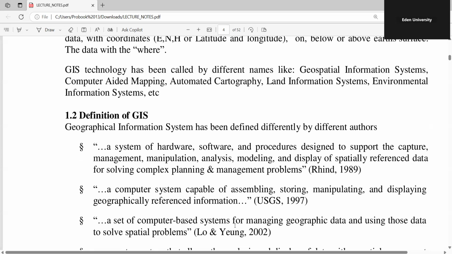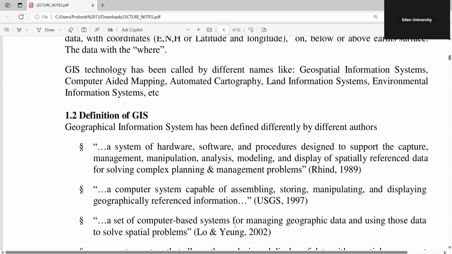Another definition from Reed is that it is a system of hardware, software, and procedure designed to support the capture, management, manipulation, analysis, modeling, and display of spatially referenced data for solving complex planning.